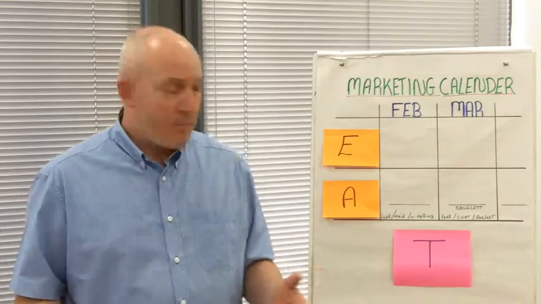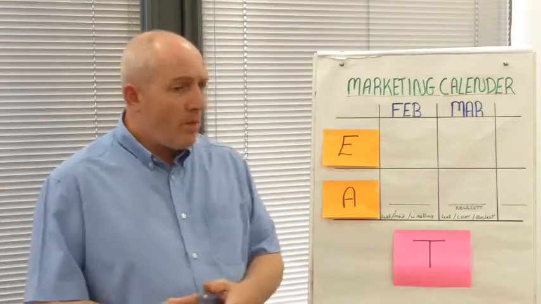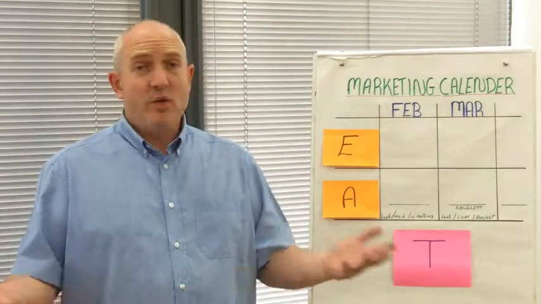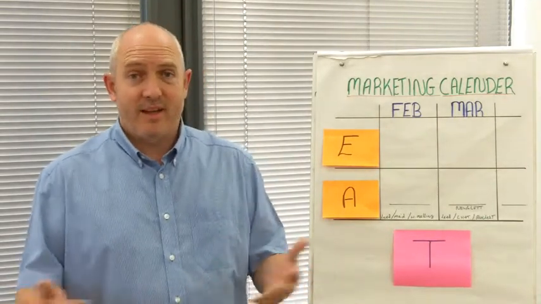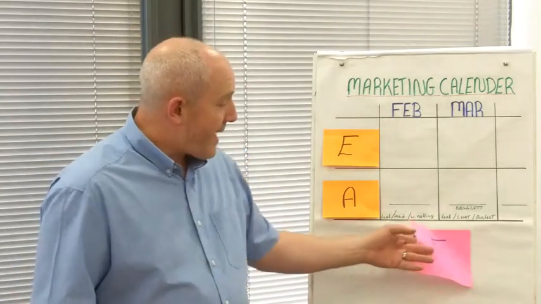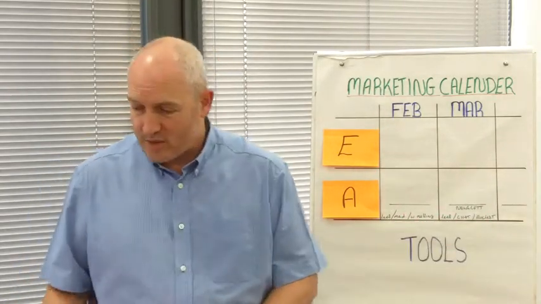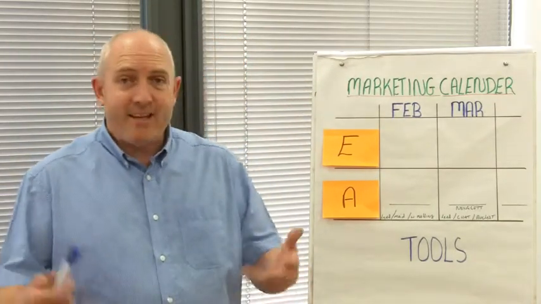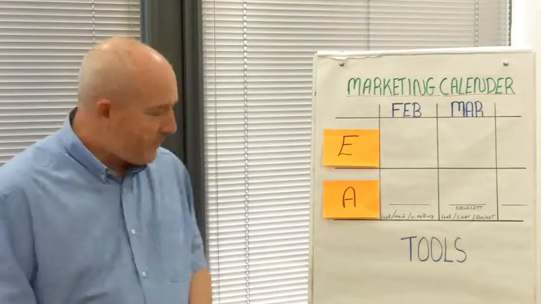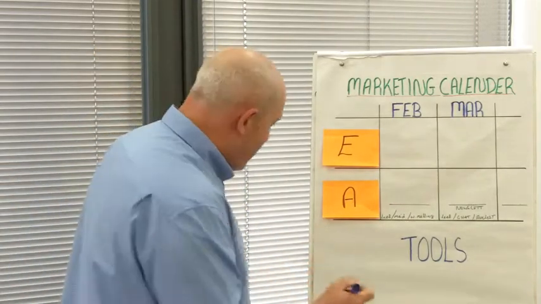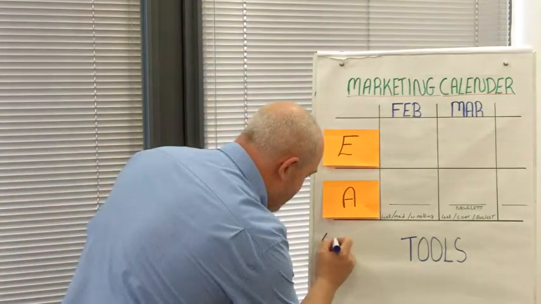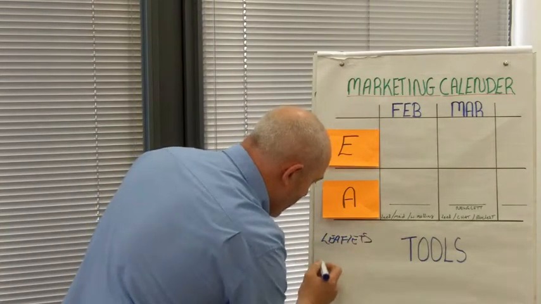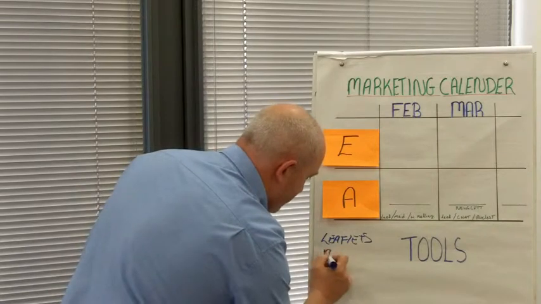Now, I think there's three important things to consider when looking at your marketing calendar, and the first of those is the tools we use in all of our marketing. In everything that we do marketing wise, we have our marketing tools. Now, the tools that we will use will, depending on what we prefer, consist of a number of different things. In the main, we normally have leaflets. We will have adverts of various different types.